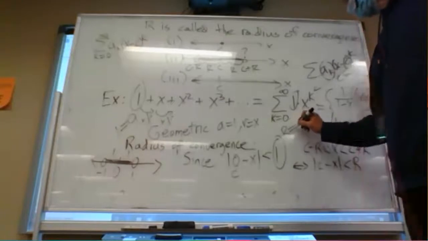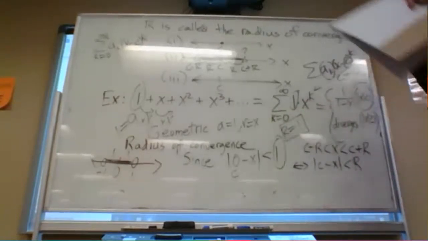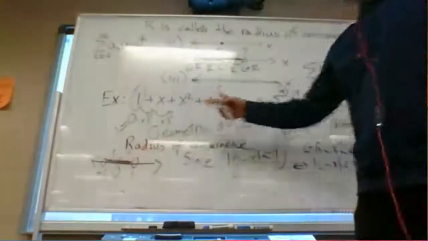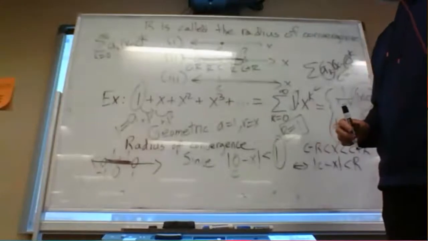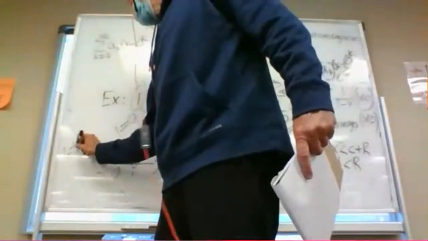That's the interval we had. So this has radius of convergence r equals 1, because it converges 1 unit to each side of that central point c equals 0 in this case.